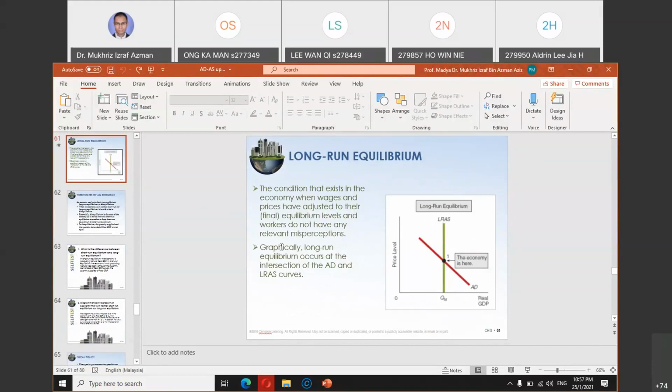That is the definition of long run equilibrium. And again, we talked about expansionary fiscal policy and contractionary fiscal policy, so you need to know the difference between those two.